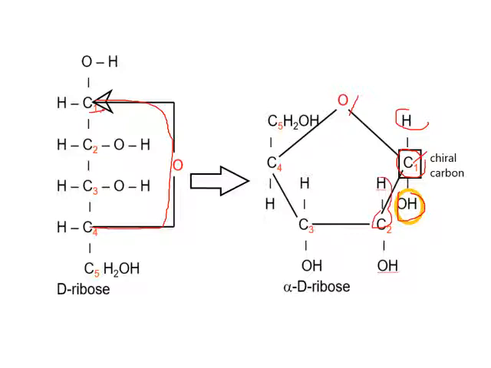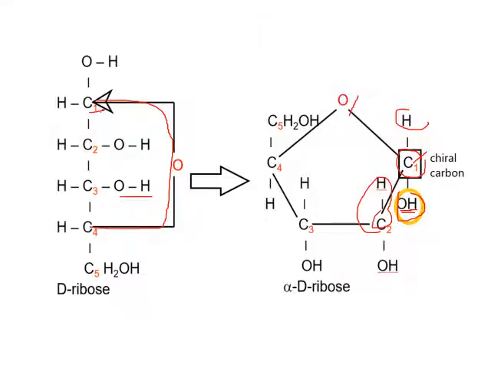So this is a chiral carbon. How this OH shows up, how we draw it, if it's on the bottom or the top, really makes a difference, just like in our drawings where this one is going to the right or to the left.